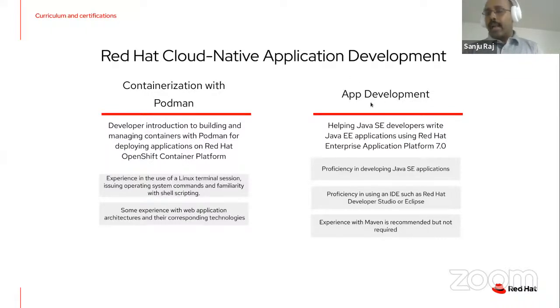Then we will have a look at app development, where someone has developed a Java application before, like a standard application which runs as a program on the desktop. Now we want to make it for your enterprise applications.